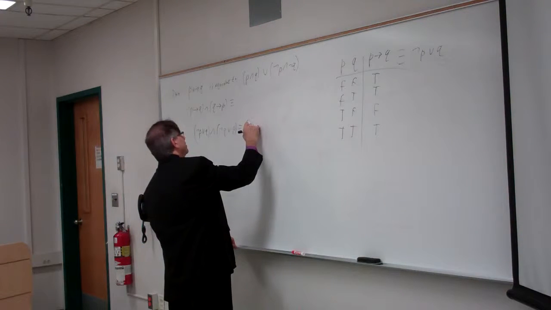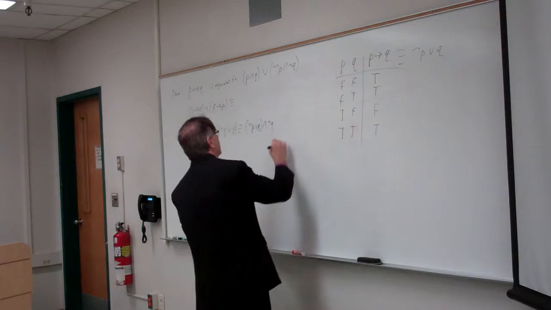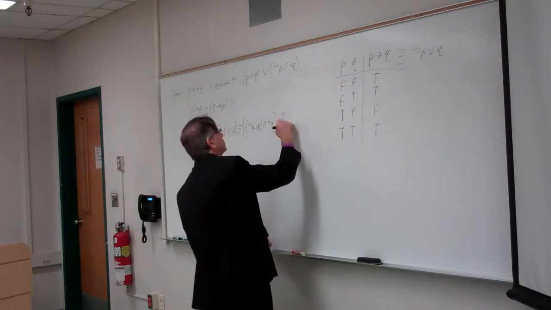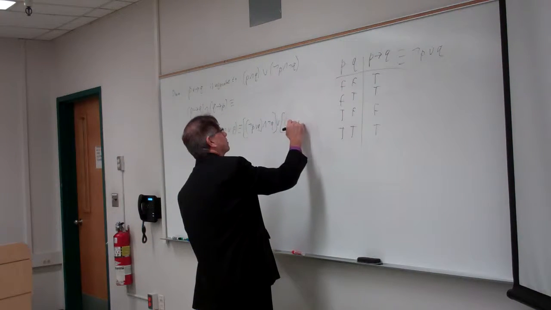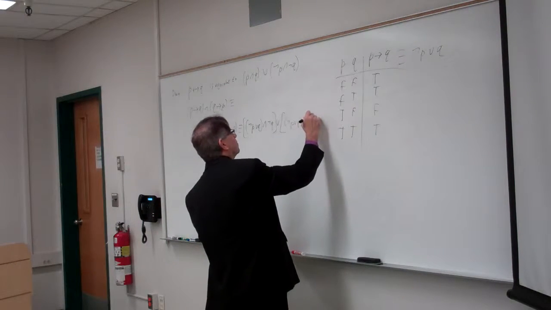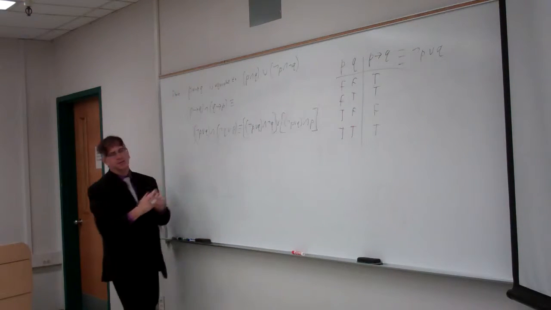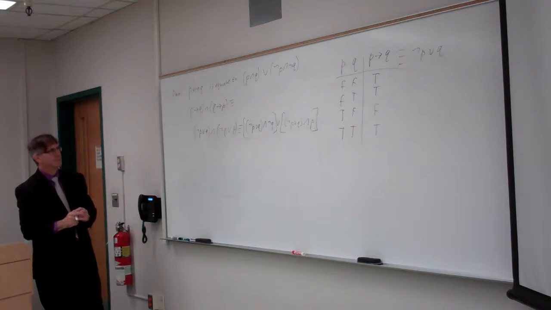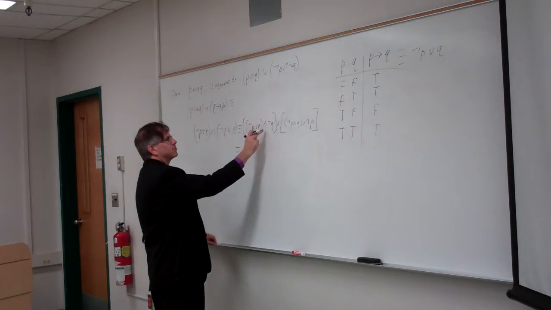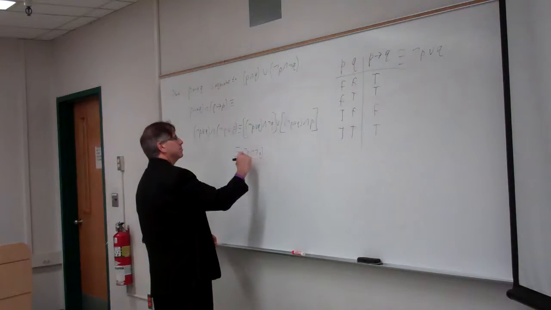So it's not P or Q, ANDed with not Q, and that's all ORed with not P or Q, ANDed with P. So I'm just distributing this over here and here and ORing those two. And then you can distribute again, this or this, ANDed with this. This is not P and not Q.